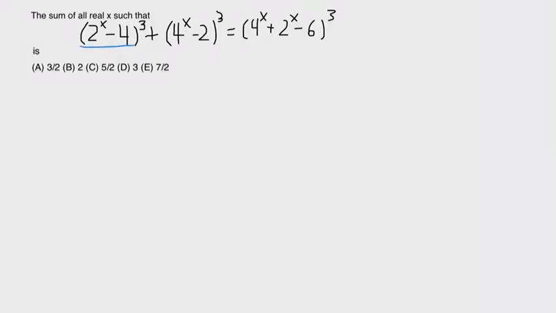The expression here plus this expression here adds up to this expression on the right side: 4^x plus 2^x, and this combines to minus 6. So if that works, maybe we can set some variables and rewrite the right-hand side in terms of the left-hand side.